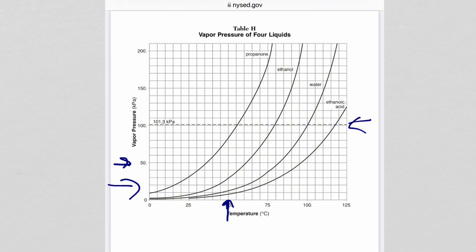So the first box is worth 10, but my ethanoic acid is below that line. Maybe I say 8 kPa, 8.5 kPa. On the answer key, teachers are given a range when it doesn't cross exactly perfect. So I'm going to go with my 8 kPa.